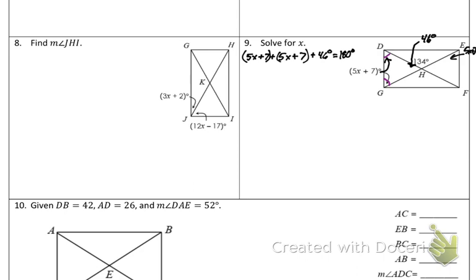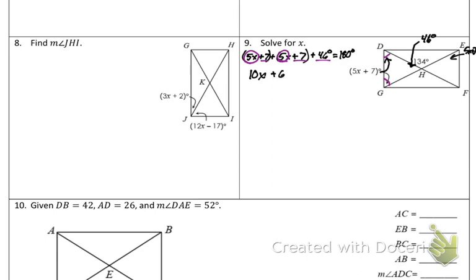So we know that both of these would be 5x plus 7. So angle plus angle equals 180 because the triangle equals 180 degrees. Combining like terms, I would do that 5x plus that 5x to give me 10x. I would do that 7 plus 7, which is 14, plus that 46, which is going to equal 60.